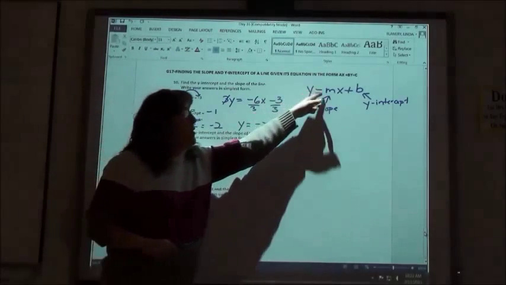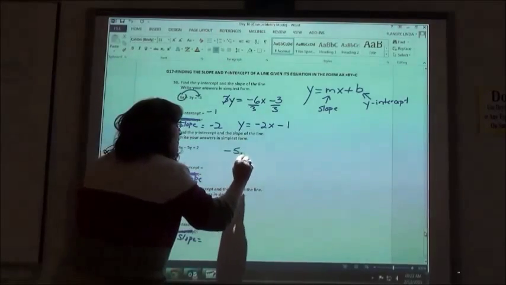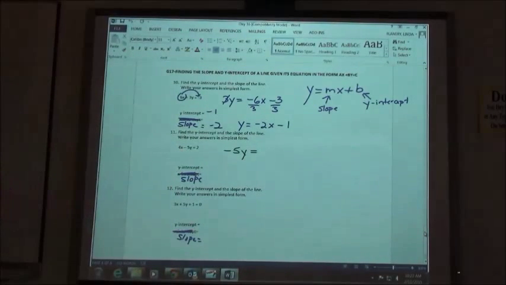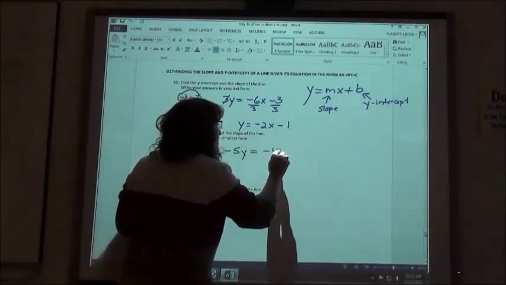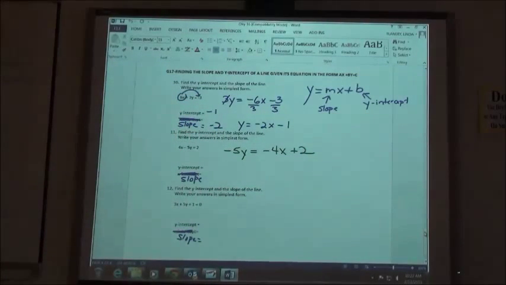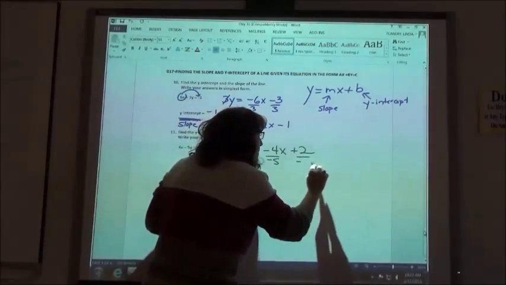So number 11, if I want to find the y-intercept and the slope of the line, first thing we're going to do, rearrange it, solve it for y. So negative 5y is going to equal, don't forget the negative in front of that 5. When I move my x to the other side, it's going to be negative 4x plus 2 then. Then I'm going to go ahead and divide by my coefficient of negative 5.